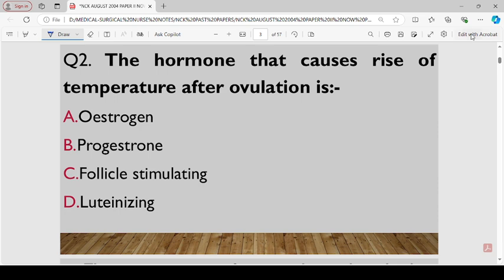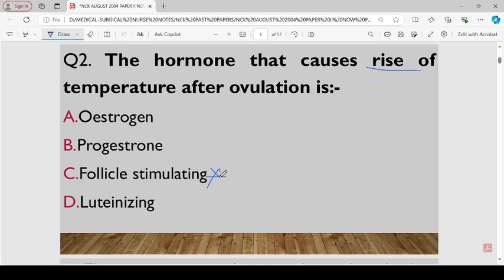So it can't be the cause of a rise in temperature after ovulation. Option C majorly helps in growth and maturation of the follicles before they can even produce an ovum. That is the process of ovulation. So this is way out of the equation.